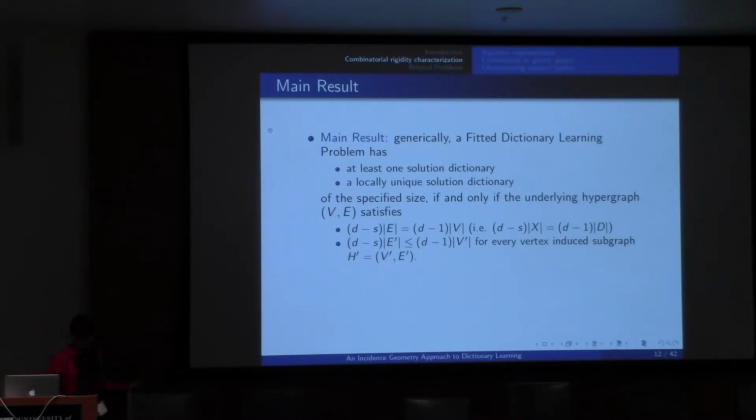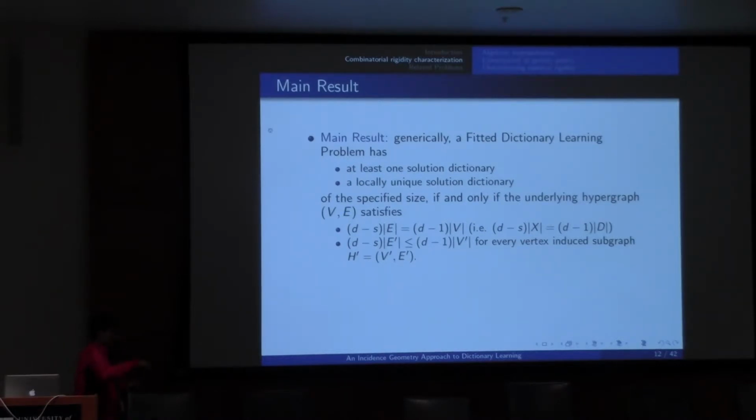So this is the property of the hypergraph. Let me explain some of it. D was the original dimension. S is the sparsity that we want, and you have an underlying hypergraph where E is the set of hyperedges of the hypergraph, and the size of E corresponds to the number of pins.